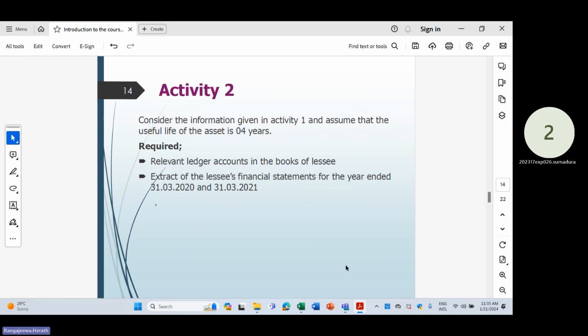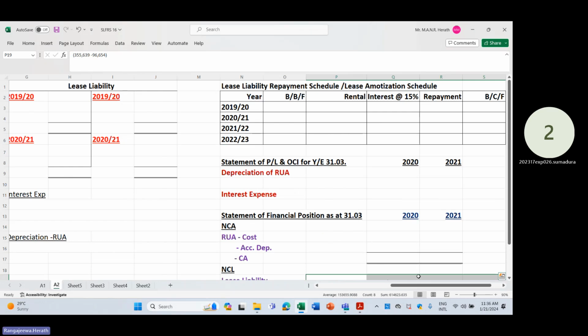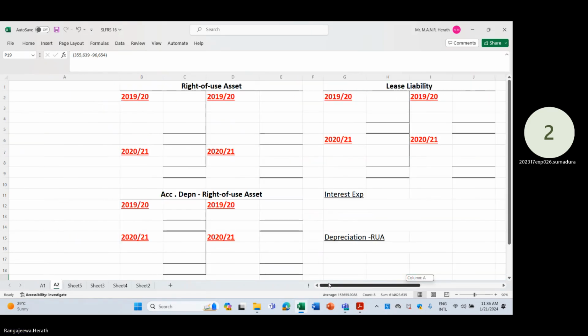Relevant ledger accounts in the books of the lessee: we will prepare for the first 2 years. Basically the right of use asset account, lease liability account, and accumulated depreciation account. These 3 accounts for the 2 years, 2019, 2020, 2021.